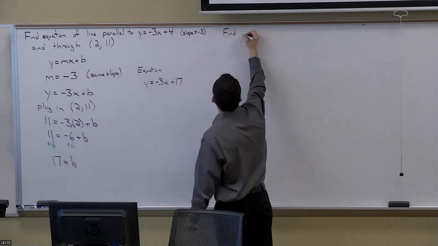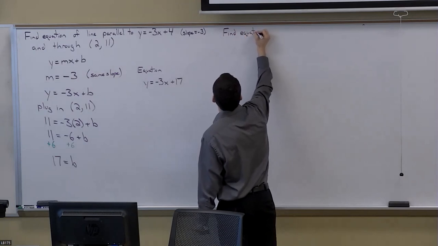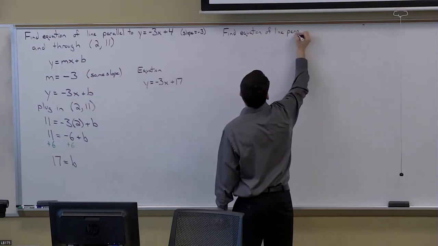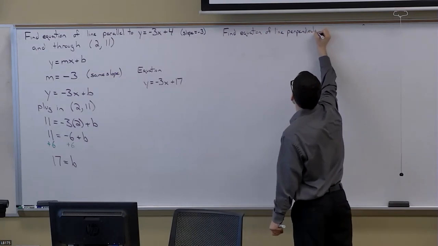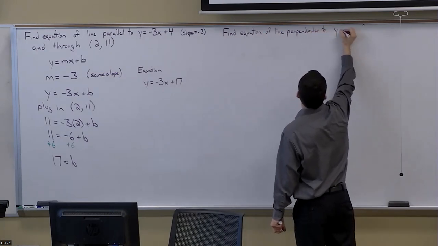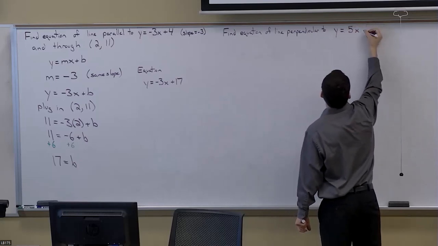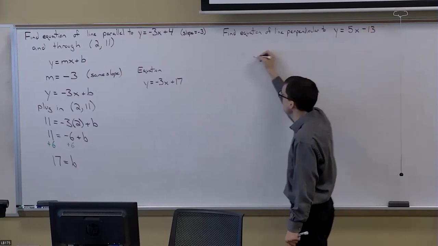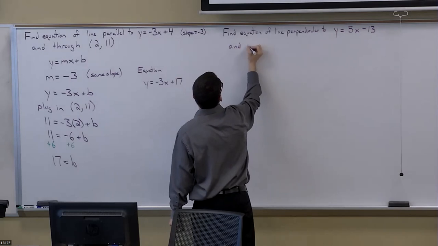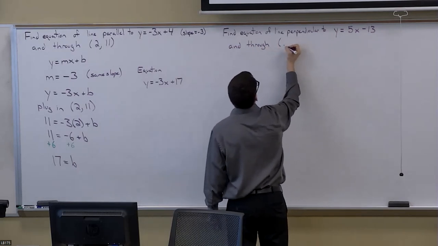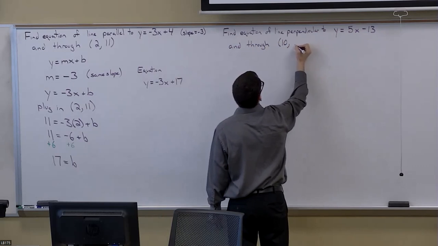In the same theme as over here, let's find the equation of a line that is perpendicular to y equals 5x minus 13, and goes through the point (10, 28).